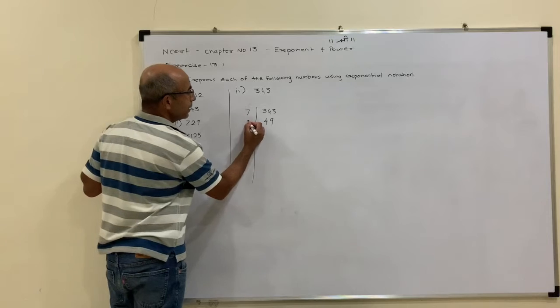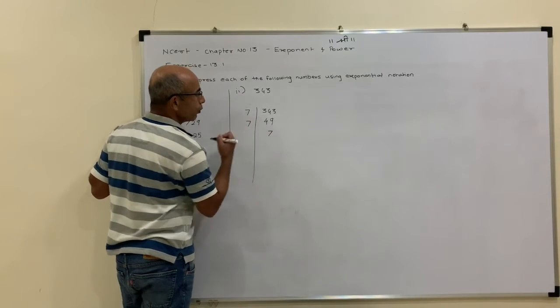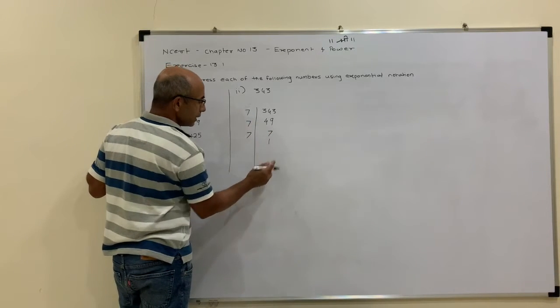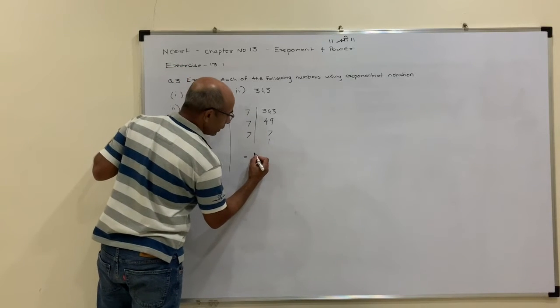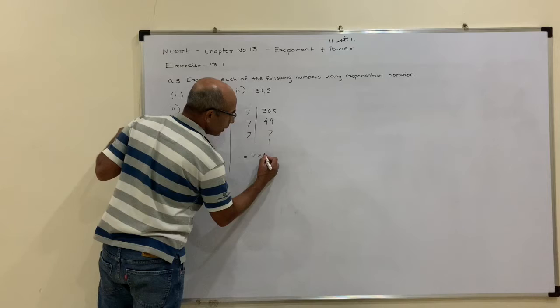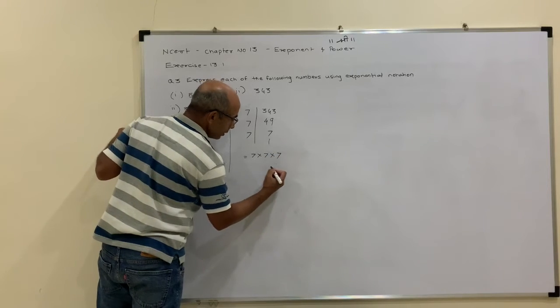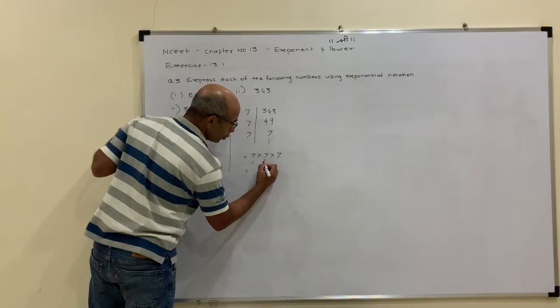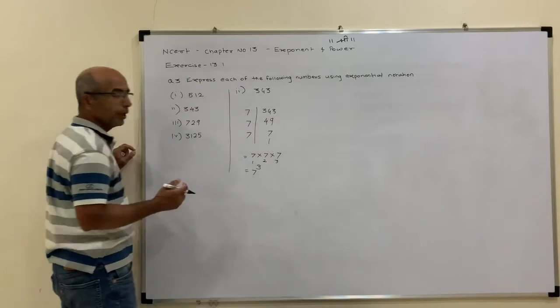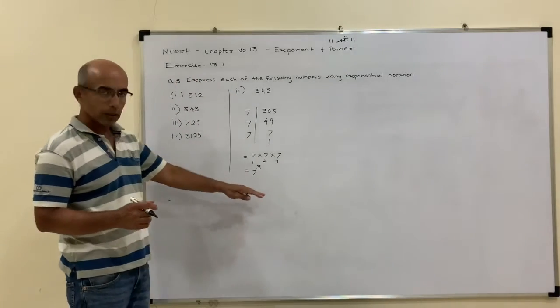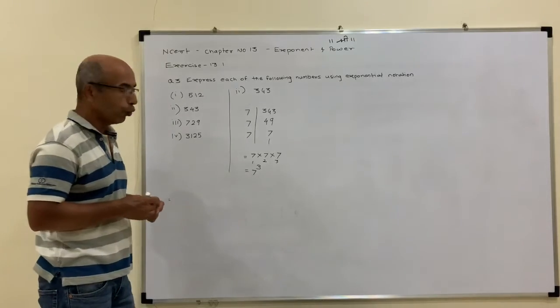Then my next step is 7 7s are 49 and 7 1s are 7. So 343 can be written as 7 into 7 into 7. So 1 2 3, 7 raised to the power 3, or in other terms 7 cube.